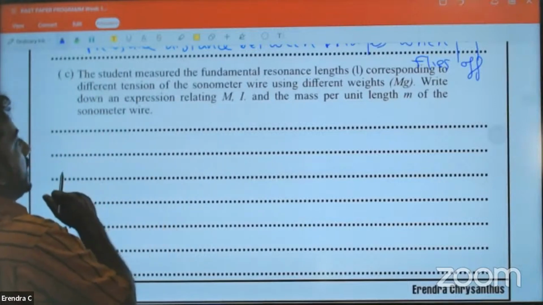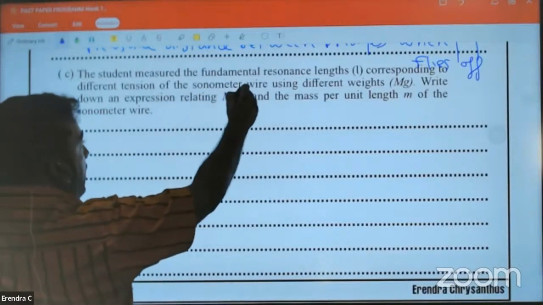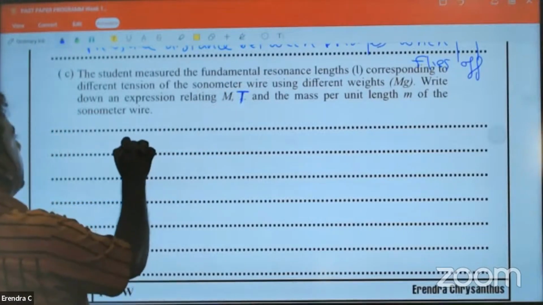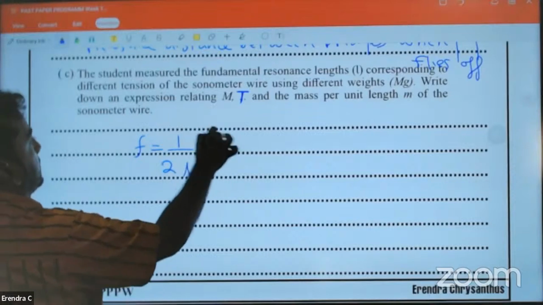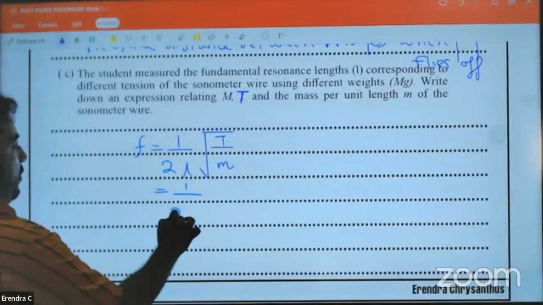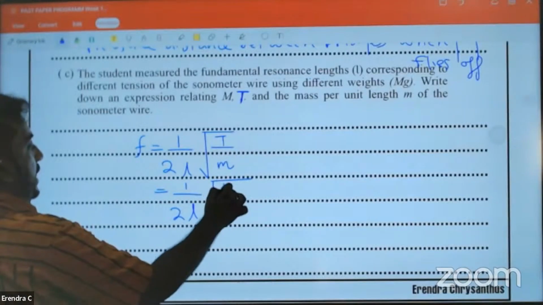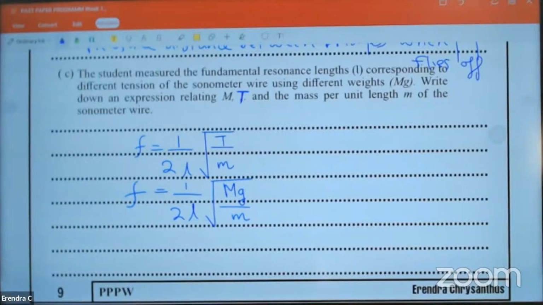So the fundamental resonance is 1 over 2L square root of T over small m. With 1 over 2L, the tension becomes capital M g over small m. From this you can get the frequency.